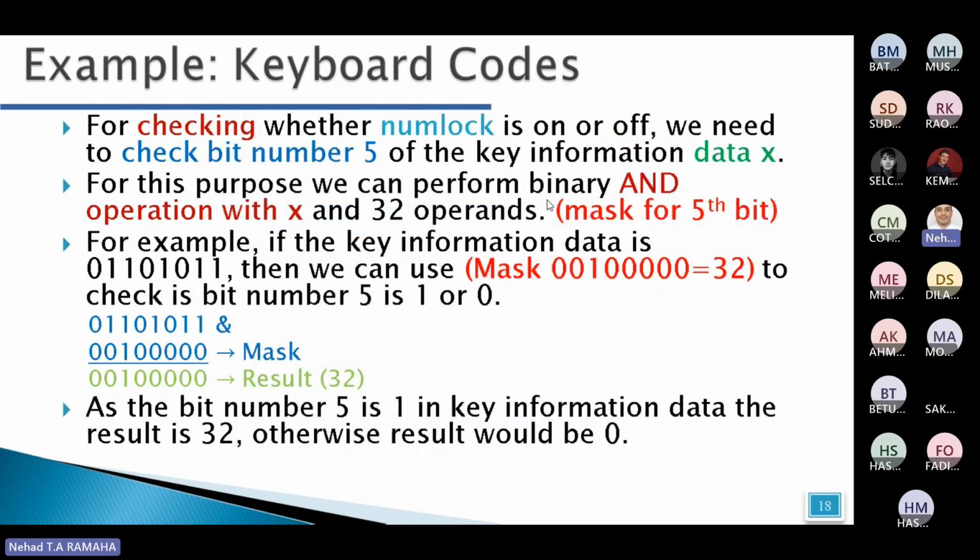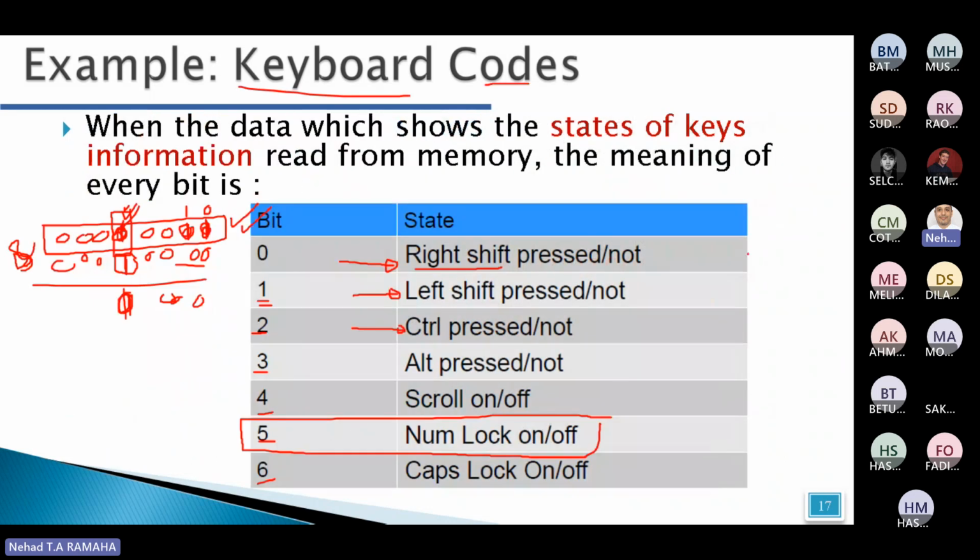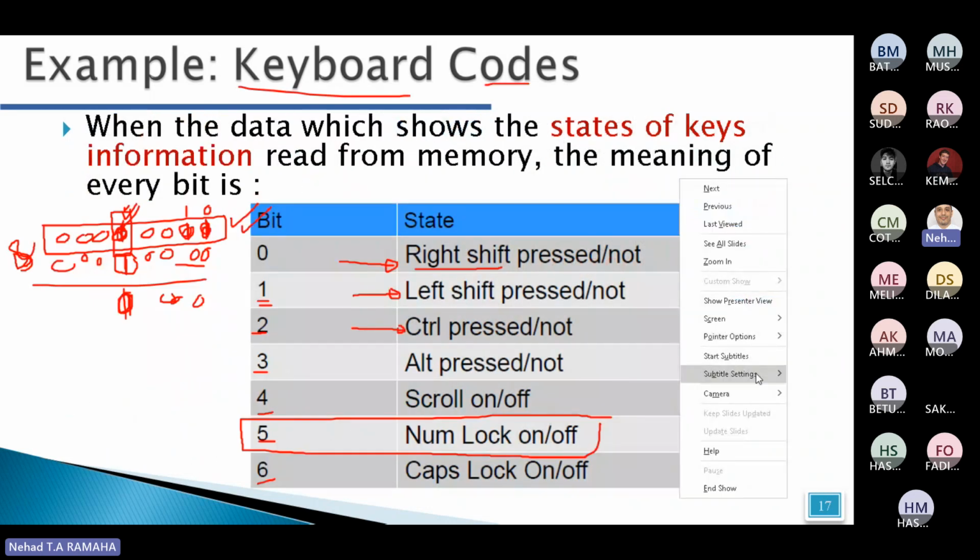Okay, let's see the example. Here, we want to check the numlock if it's on or off. Okay, to do this, we need to check the bit number 5. In our example, it depends on the construction of the keyboard, okay?